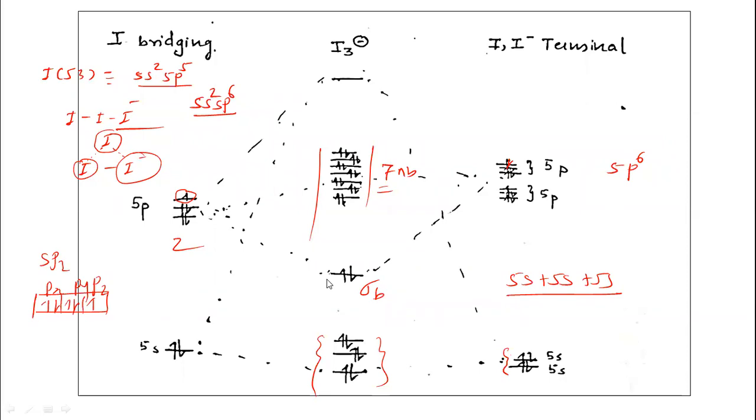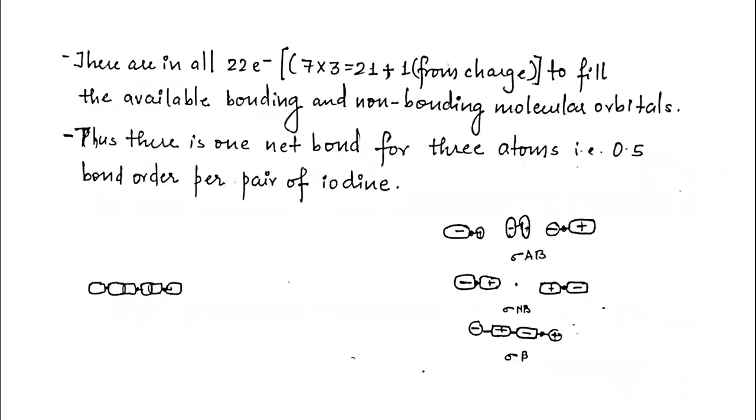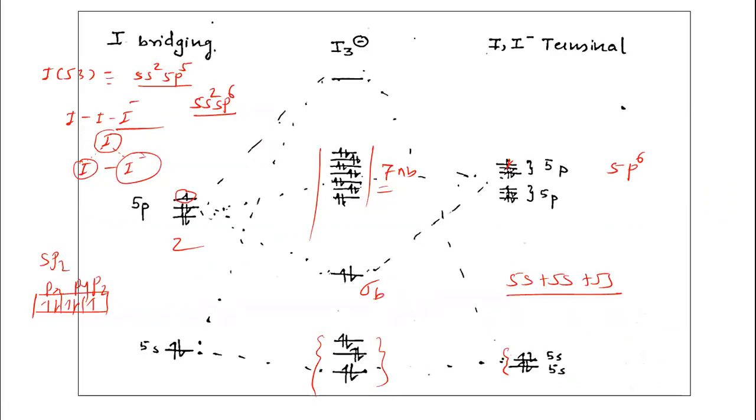So this is the MO diagram for the triiodide ion. It is an electron rich molecule. The net bond order for the 3 atoms is 0.5. In this way we explain the MO diagram of the triiodide ion.